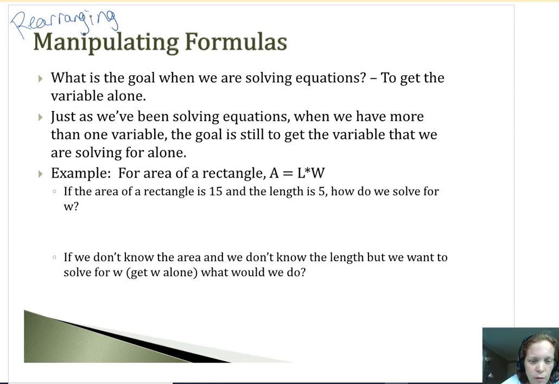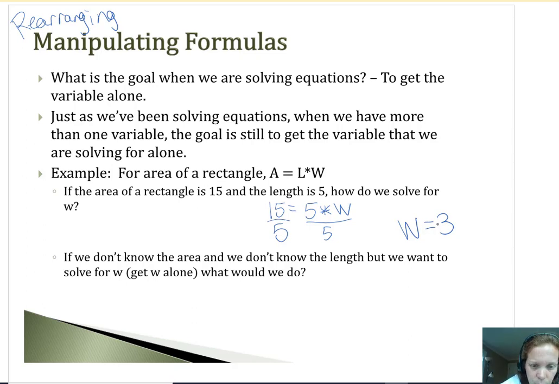Okay, so like in this one, if I use area as length times width, I'm starting with the more basic formula. If the area is 15, I'm going to plug 15 in for A, the length is 5, and I don't know the width. How do we solve for the width? How do we get W alone? We would divide by 5 to get W alone. So the width is 3.